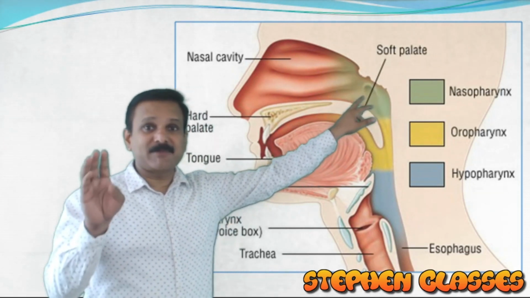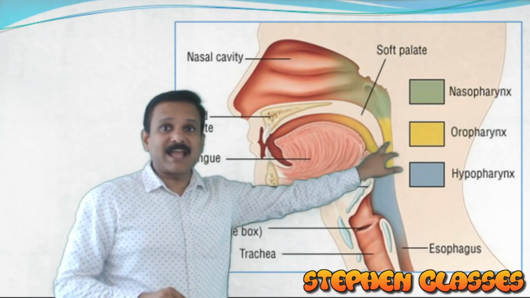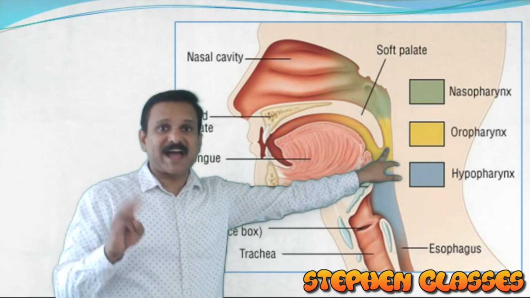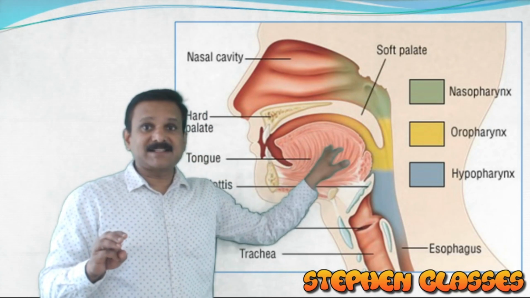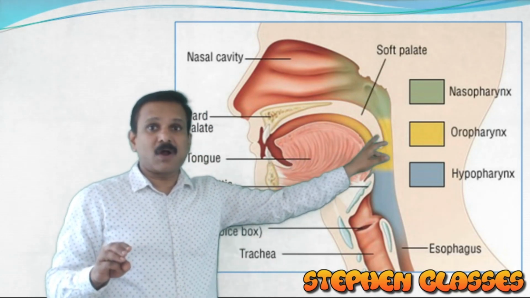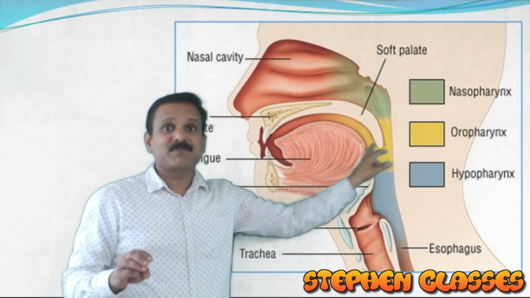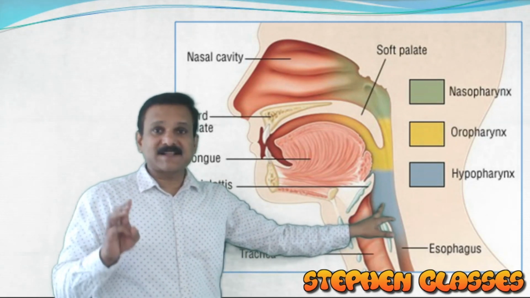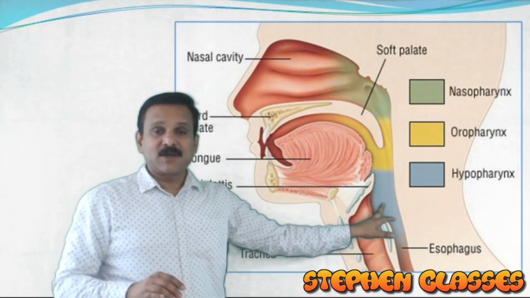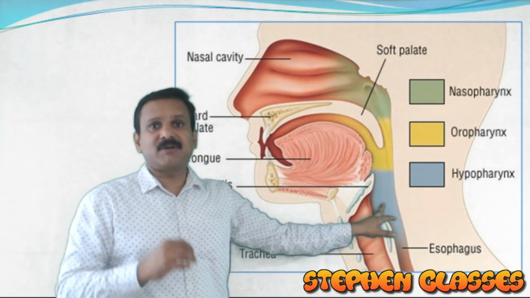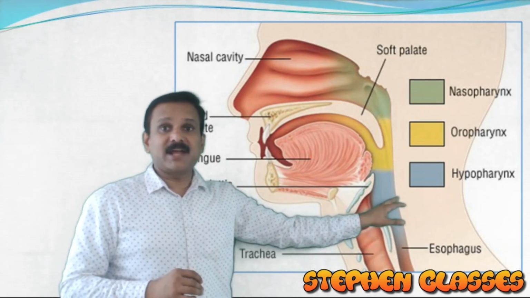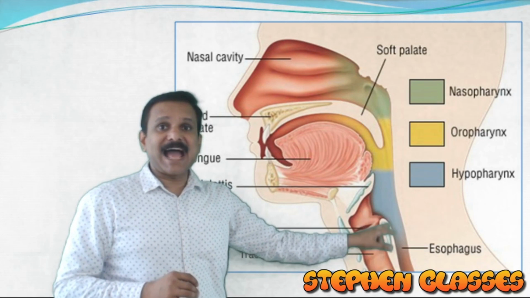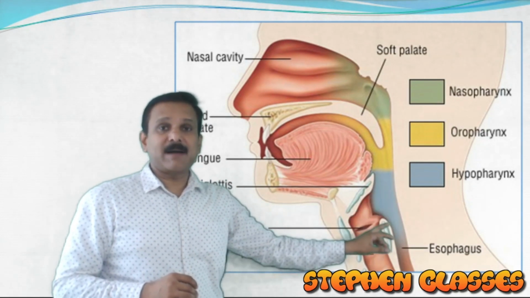That is a sentence from your NCERT book. Then what about the yellow shaded portion? That is oropharynx, the region of the pharynx near the oral cavity. And what about the floor of the pharynx? The floor of the pharynx is called hypopharynx, or you can name it laryngopharynx, because this region opens into the larynx or the trachea portion.